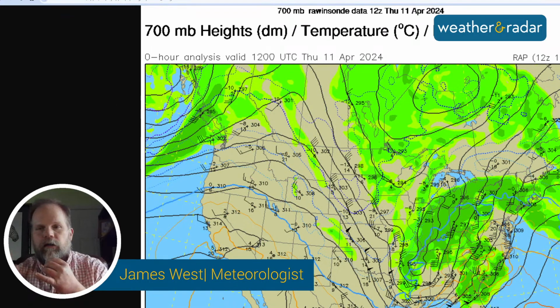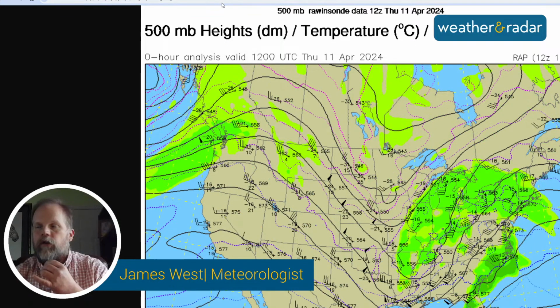And as we go up higher in the atmosphere, we're continuing to see this pattern with a broad southwestern pattern of Gulf moisture spreading northward into the Ohio Valley and into the east. And this is what's really going to keep the atmosphere juiced up and loaded with water to bring into the eastern U.S. And as we go up to the highest level, this is the steering flow. The 500 millibars is the level that we use to show steering.